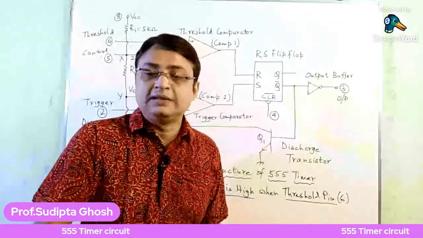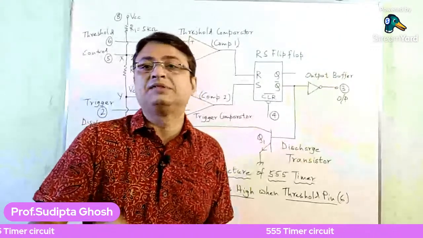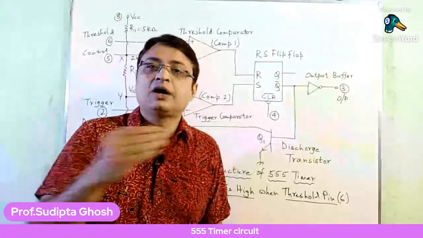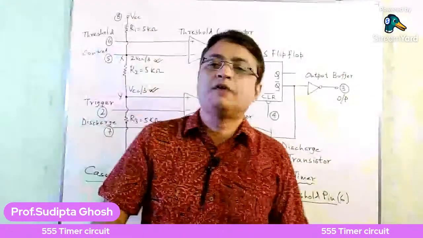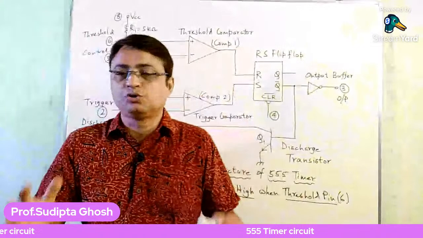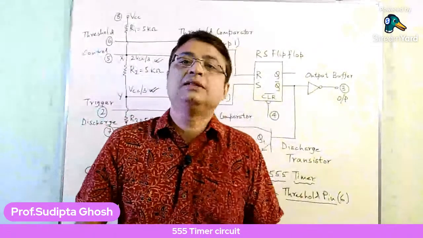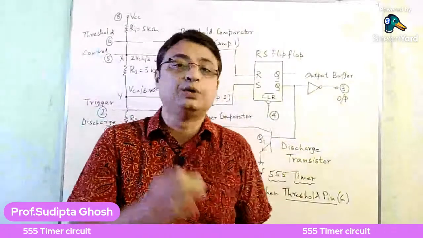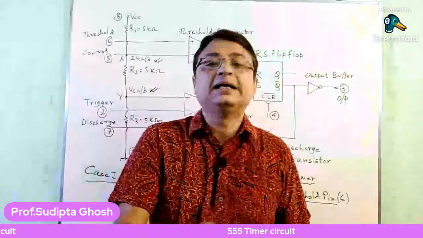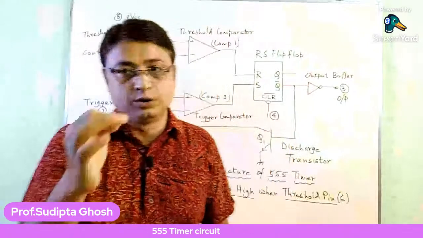What I have told you is that the output of any comparator goes high when the non-inverting input voltage is higher than the inverting input voltage.